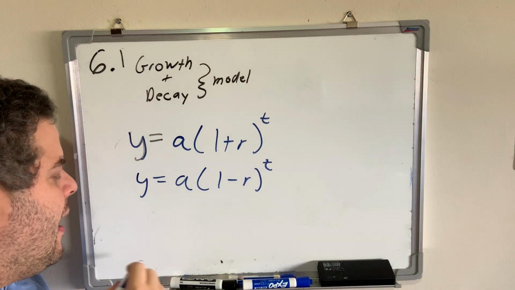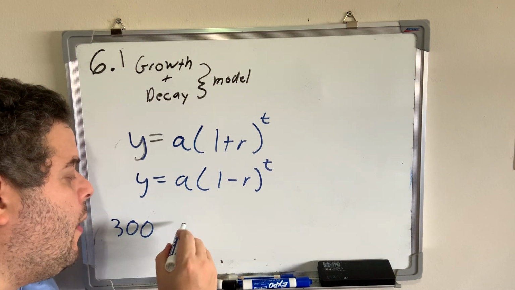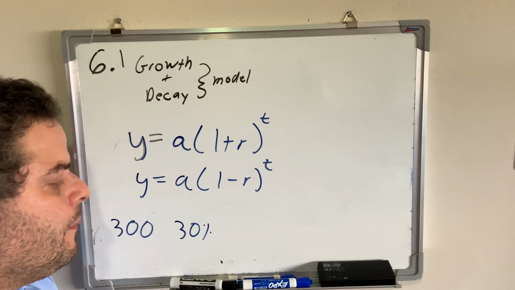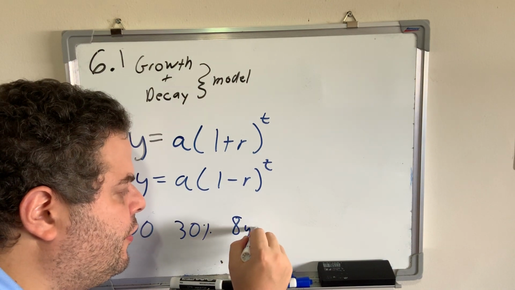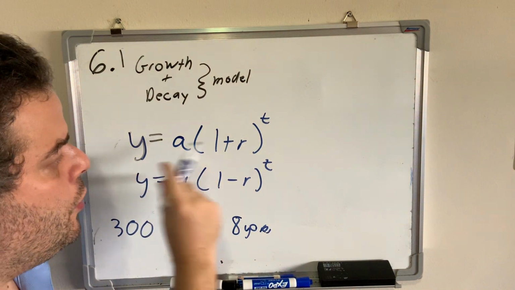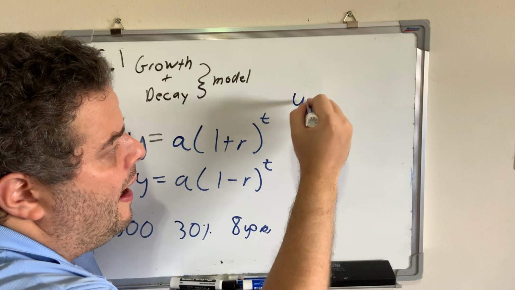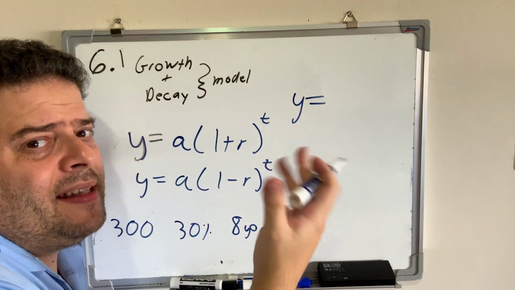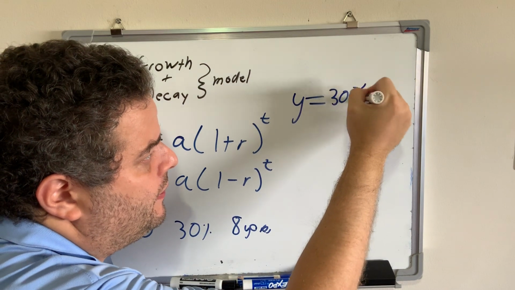Let's say, for example, I begin with 300 rabbits. They grow at a rate of 30%. And I want to know how much I end up at after 8 years. Since it's growth, because they're growing, you use the top one. So I don't know what Y is because that's the answer I'm going to get. I began with 300 rabbits.